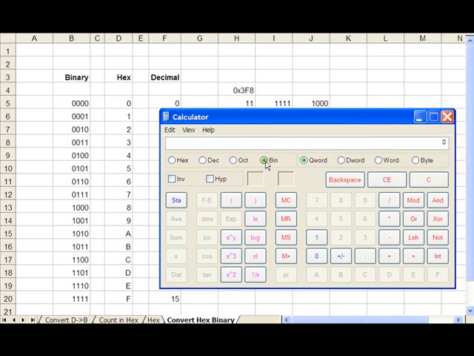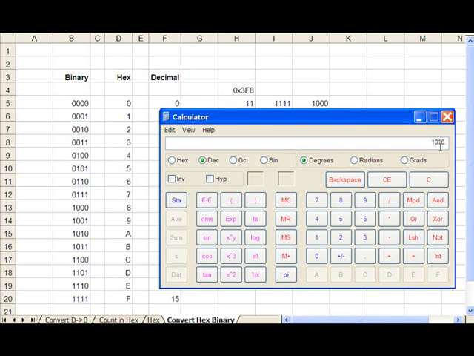When you click on binary here, we see that we have only 1 and 0 to work with. So we have 1 1 1 1 1 1 1 0 0 0, and if we convert that to decimal we have the value 1016, and when we convert it to hex we have 3F8.